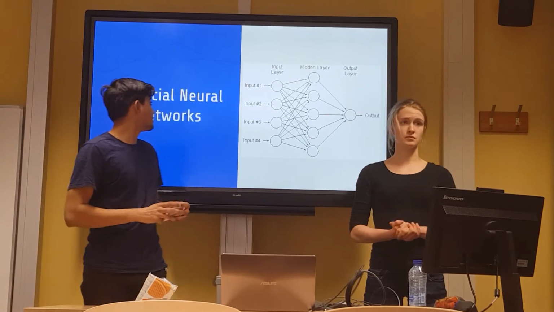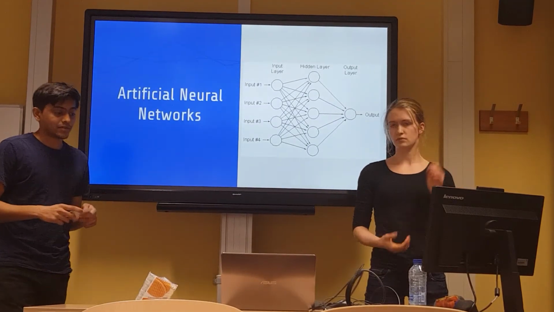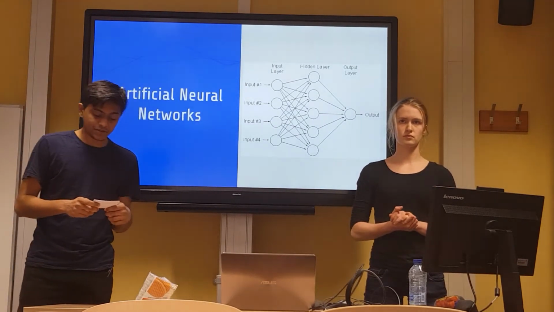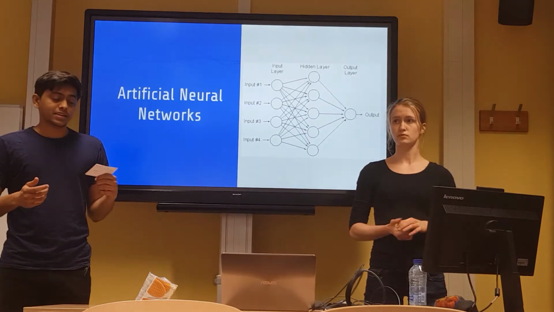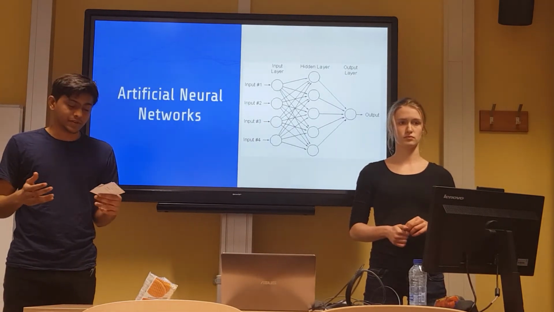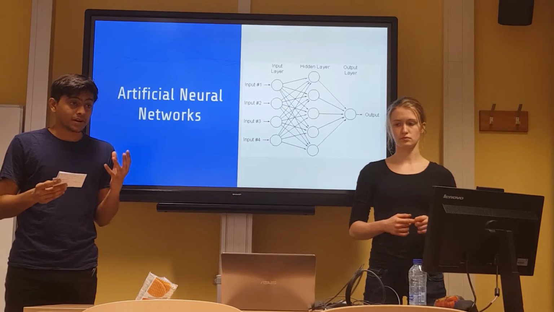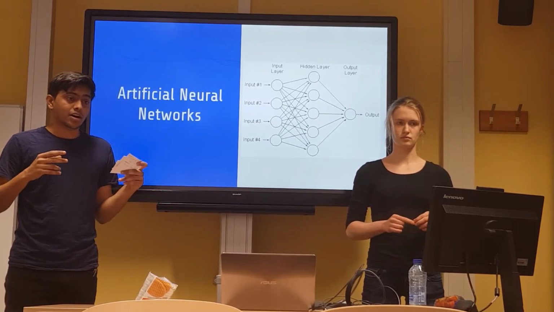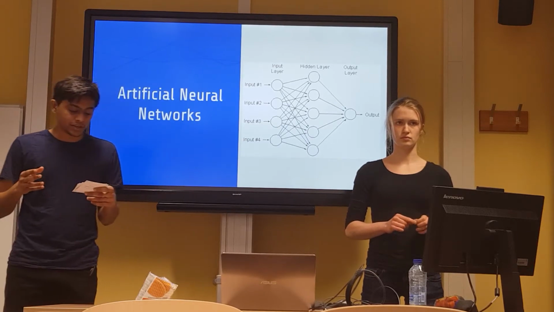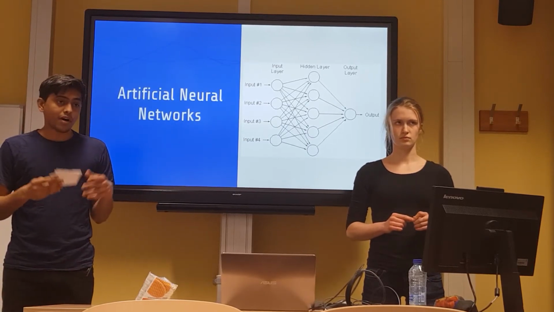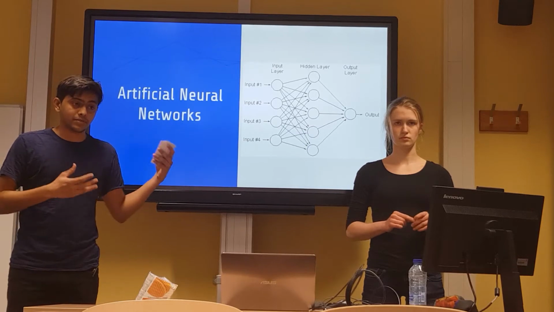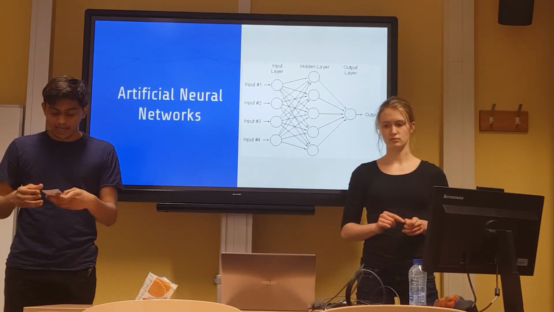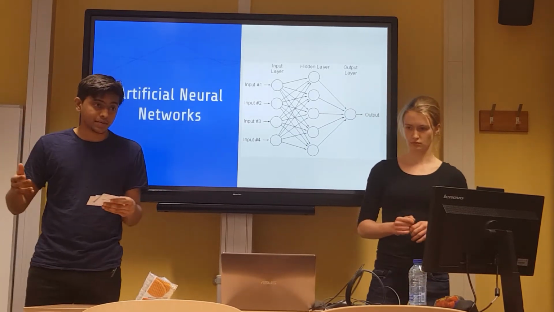The next system is artificial neural networks. Artificial neural networks are computational systems consisting of interconnected units. These units have weights which describe the relation between important pieces of information. How it works is it gets some input, some data, then it generates some output.